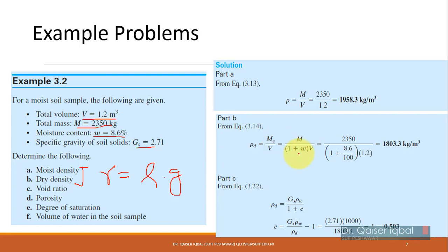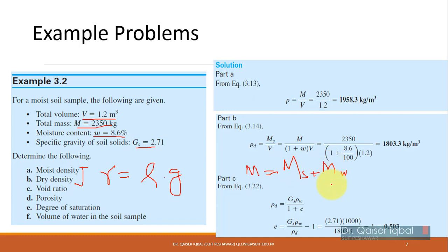Now you know that the total mass of the sample M is equal to mass of solids plus mass of water. So if I take Ms common from this equation, that will be equal to Ms into 1 plus Mw divided by Ms. What is Mw divided by Ms?